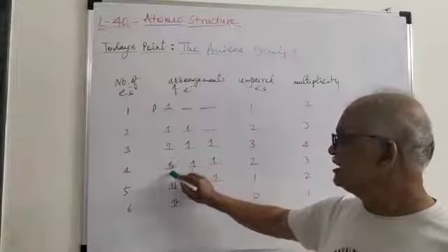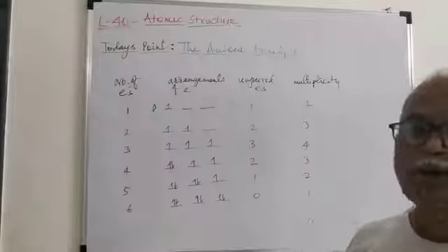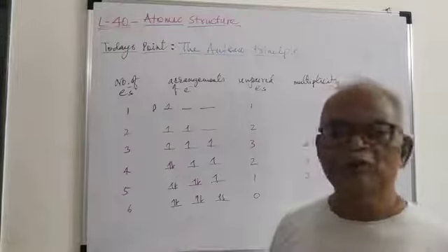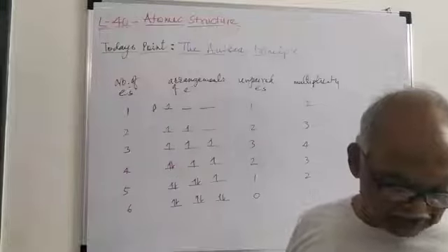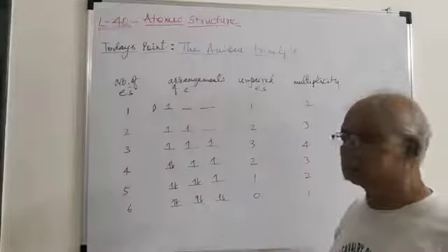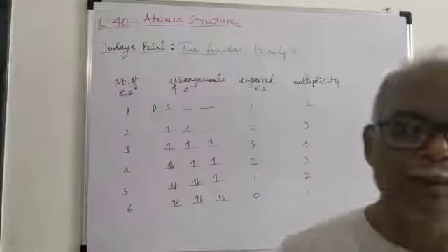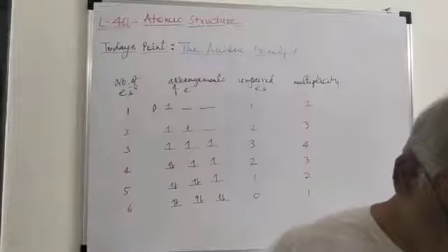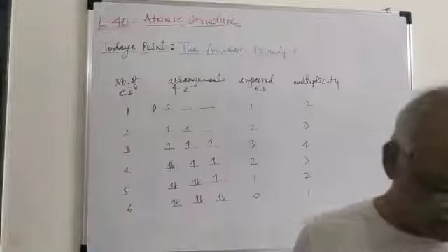So pairing shows involvement of more energy, and unpairing shows involvement of lower energy. Here you will find all 3 electrons are paired, so the system is showing more involvement of energy. So this is a consequence of the energy required for pairing in the same orbital.